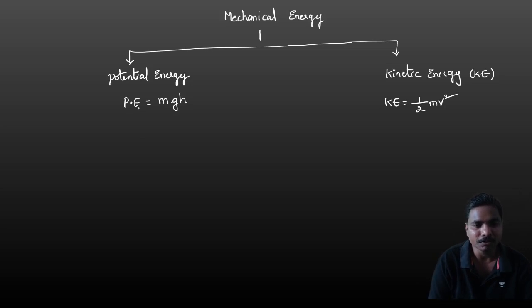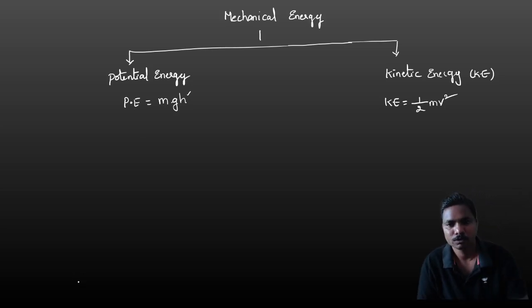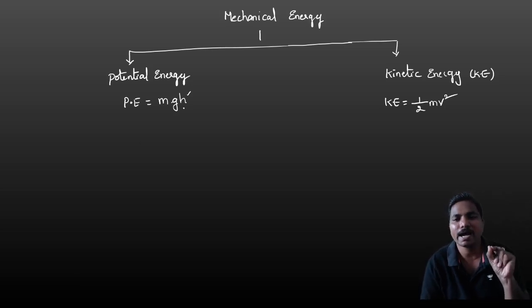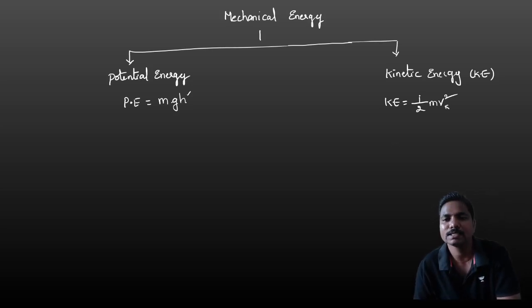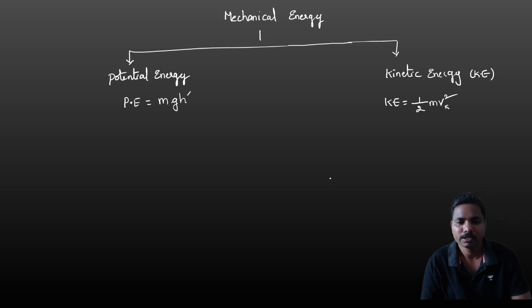So potential energy, we are getting the energy by virtue of its height. Height means position. If we are getting the energy by virtue of its velocity, then you can say that is the kinetic energy. Okay, so all of you try to listen.